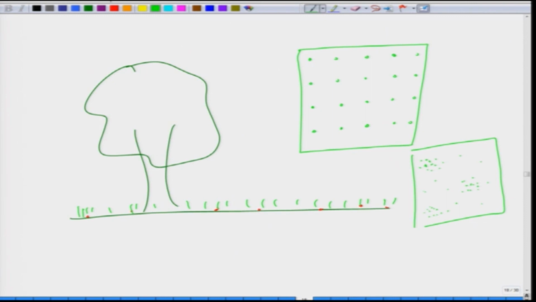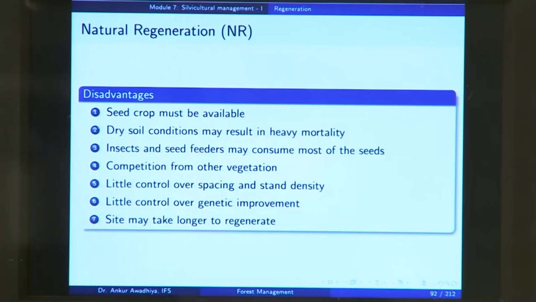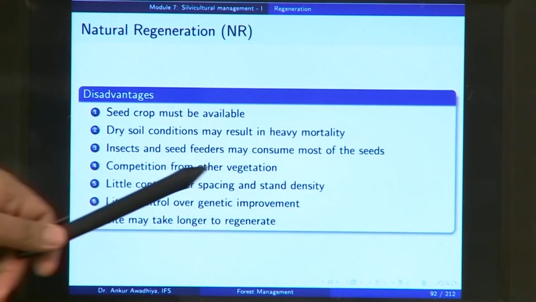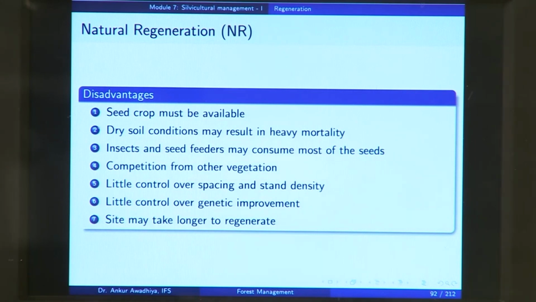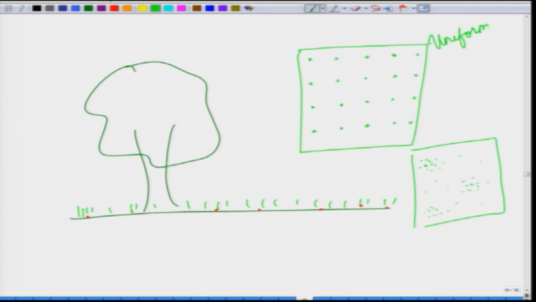So, if you go for a natural regeneration, then you do not have a good control over the spacing in your stand, and so it might make it difficult later on to perform other management operations. Also, you have a very less control over the stand density. So, here your density was uniform if you went for artificial regeneration, but here you have a clumpy regeneration, and so there is a very less control over the density in your stand.